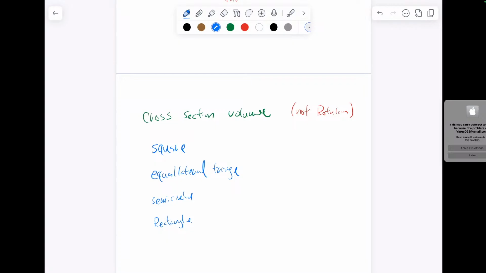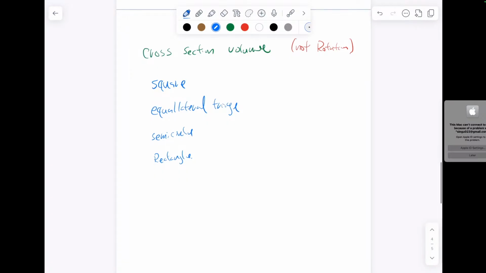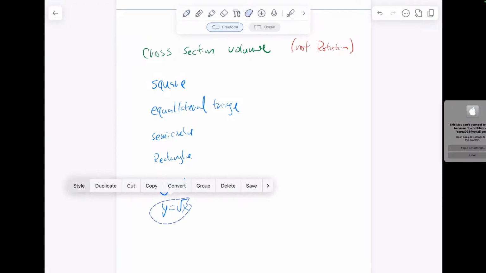Okay, so the only functions I'm going to show you today are y equal to x squared and y equal to square root x. And I'm going to use a different color to justify that, so that way you can see it.